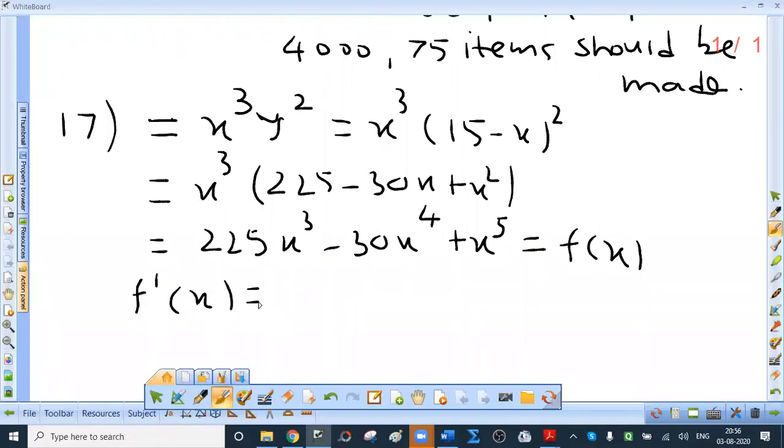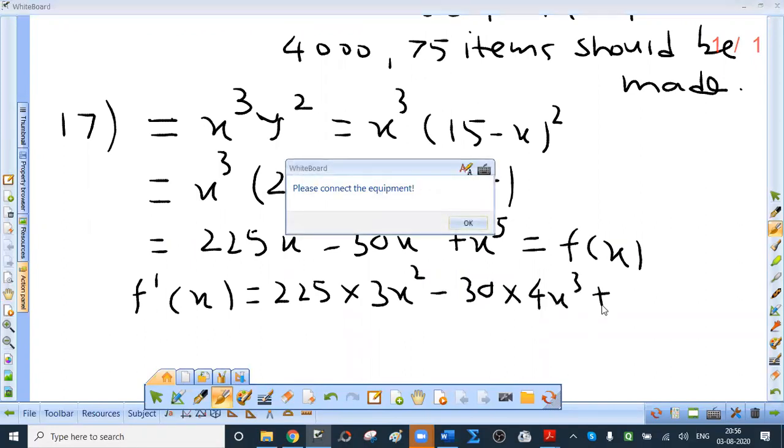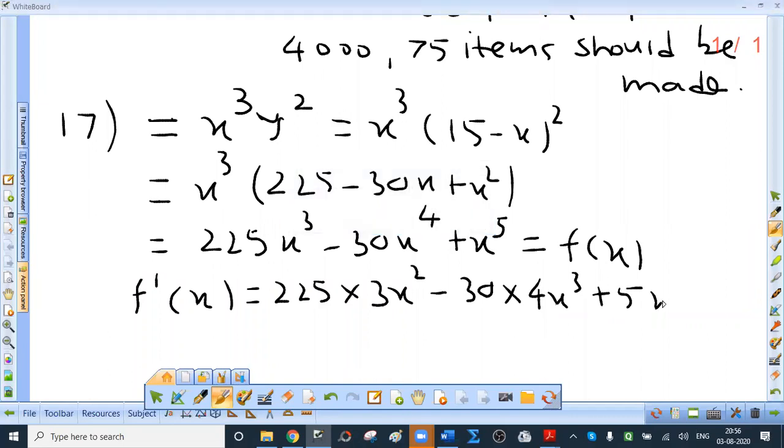So what is f dash of x? It is 225 into 3x square minus 30 into 4x cube plus 5x raised to 4. Now I write this as f dash of x equal to, it is nothing but 5x raised to 4. All are divisible by 5, right? So I can take 5 common.